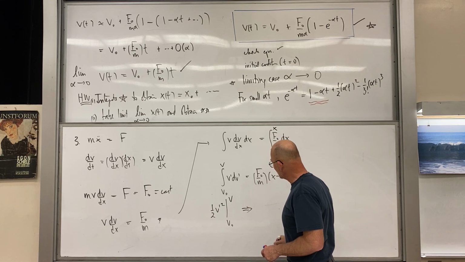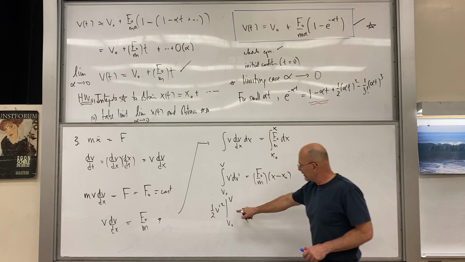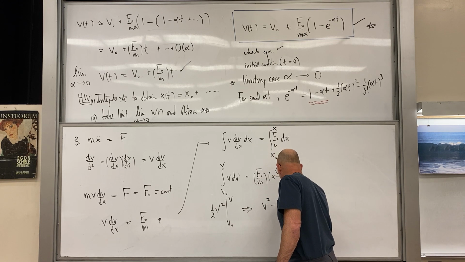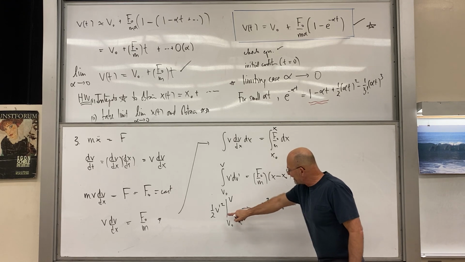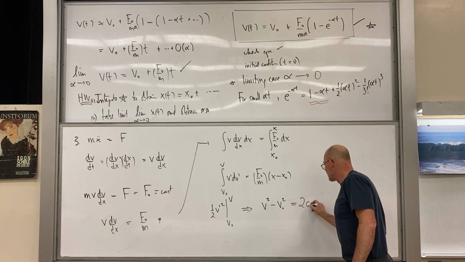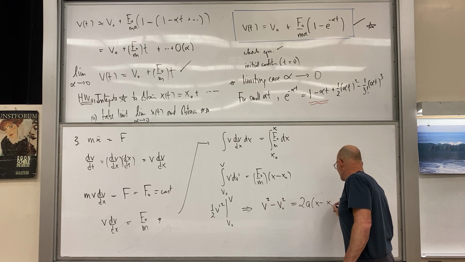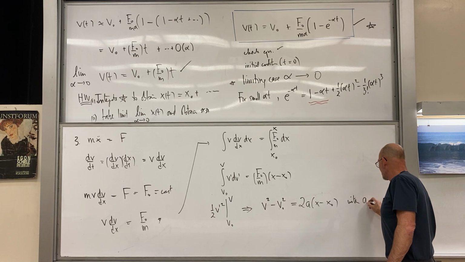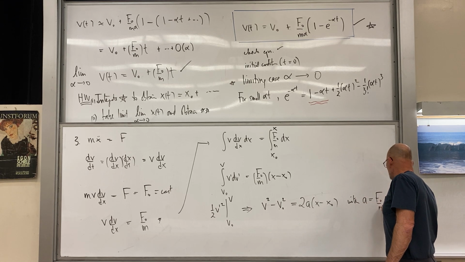And you can see what we're going to get: v squared minus v0 squared. I'm going to take that 2 and cross multiply over. It's 2 times a times x minus x0, with acceleration a equal to F0 over m.